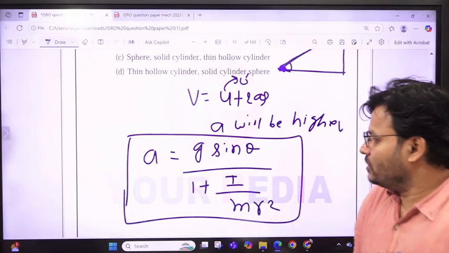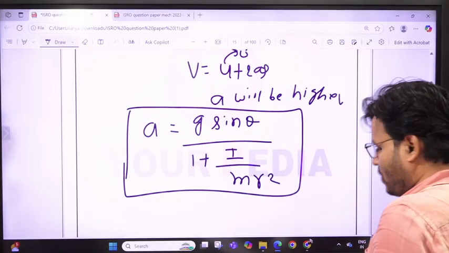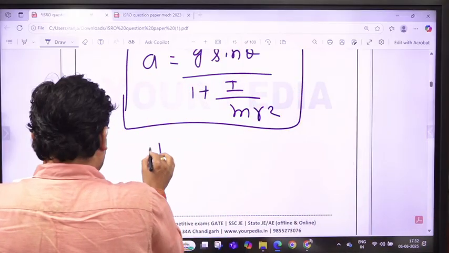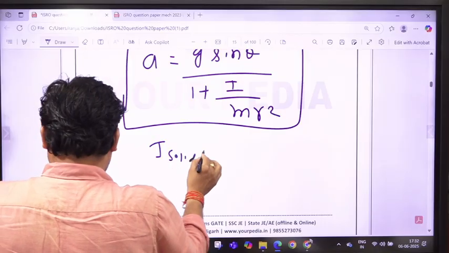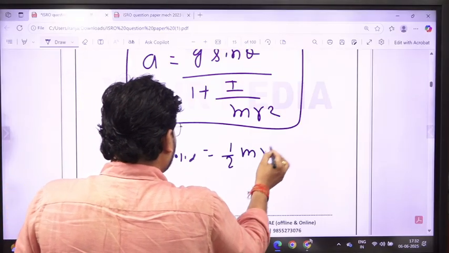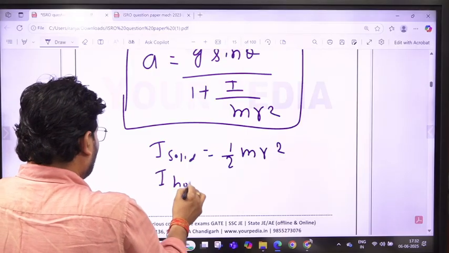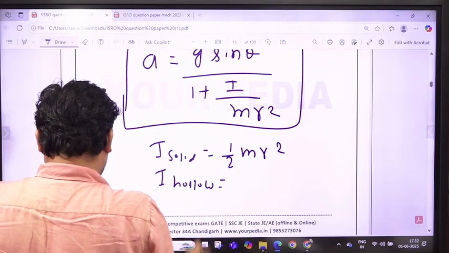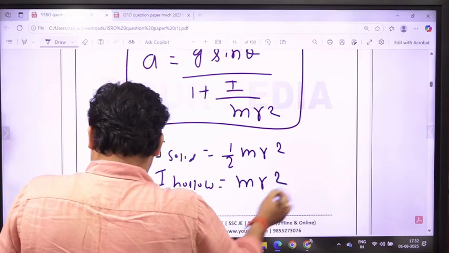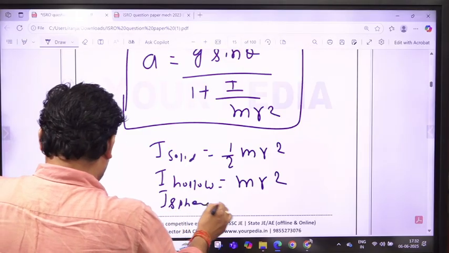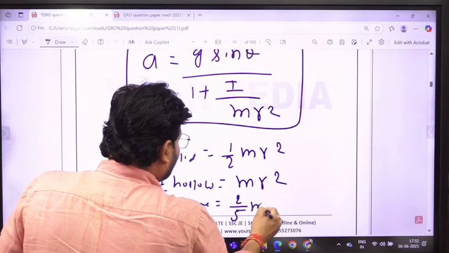Now, my dear friends, what is I? Moment of inertia. You know the moment of inertia for each. I for a solid cylinder is half m r squared. What is I for a hollow cylinder? Do you know anybody? m r squared. And I for a sphere, try to remember, is 2 by 5 m r squared.